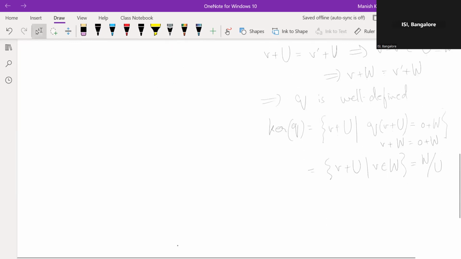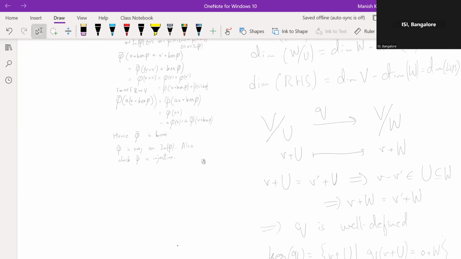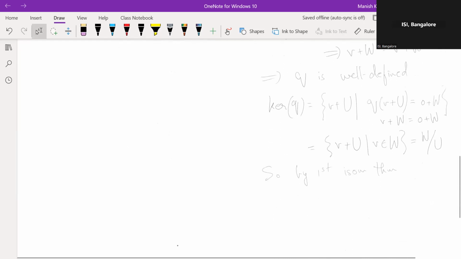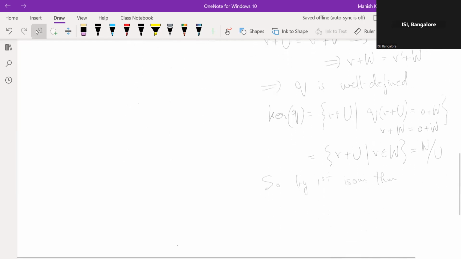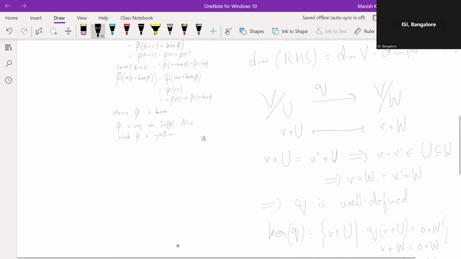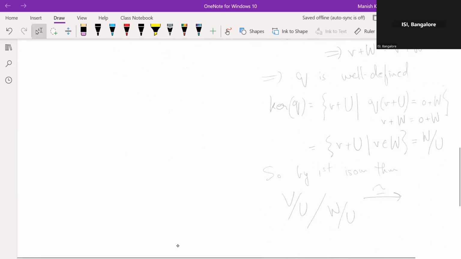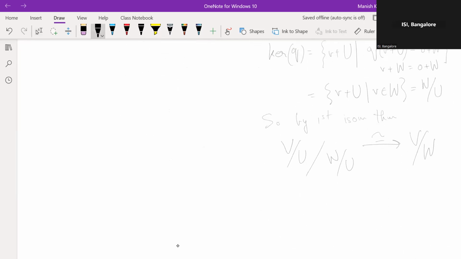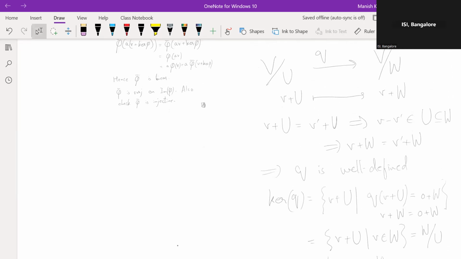So you apply the first isomorphism theorem to this linear map Q. You get that V mod U mod W mod U is isomorphic to the image, but the image is going to be the whole thing, because of the way it is defined as V mod W. Every element is in the pre-image of the right thing.